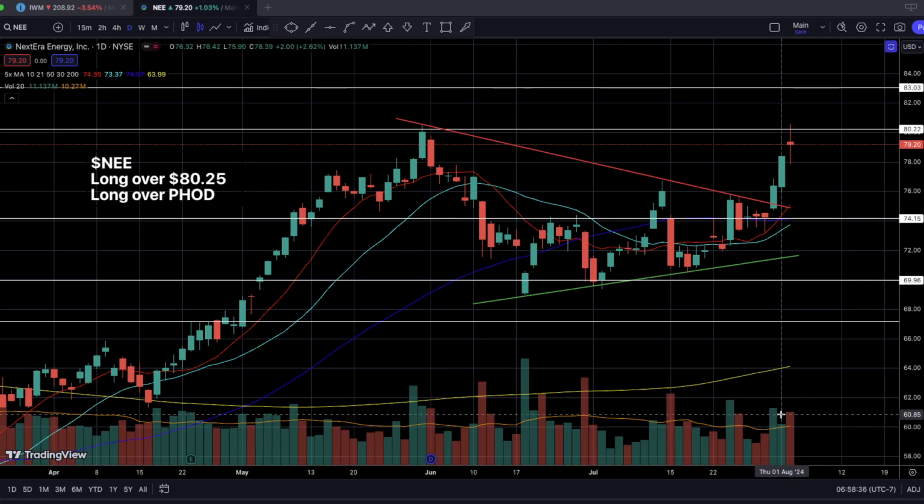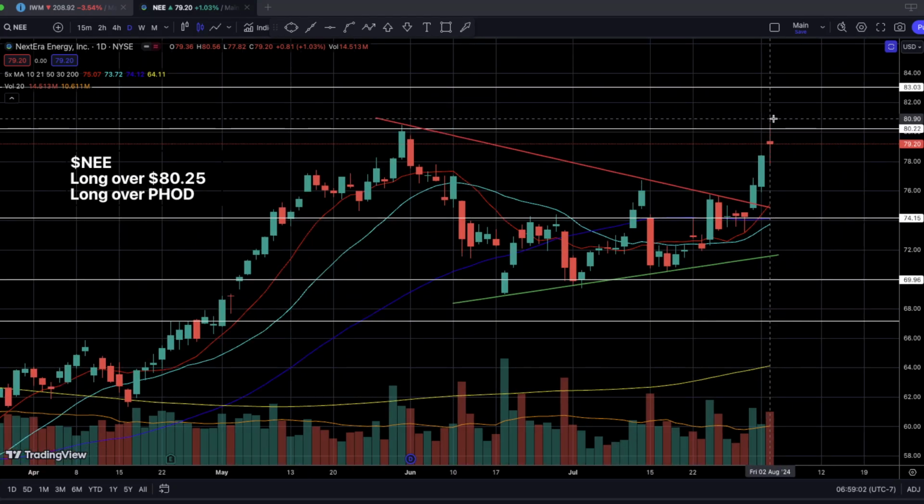Now, this breakout particularly interests me because we have also had a very rapid increase in the share price towards this next magnetic resistance level, specifically of $80, right? $80. And on Friday, we hit this level.